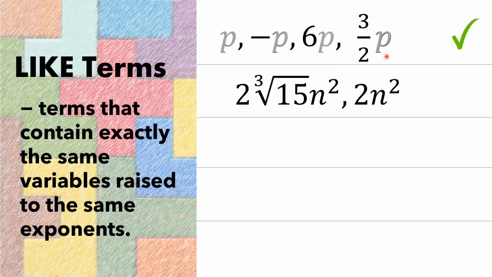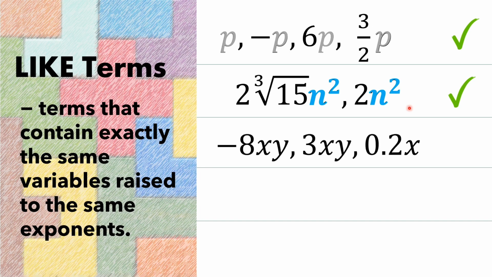Next example: 2 cube roots of 15 n squared, 2n squared. The common variable raised to the same exponent is n squared. Therefore, these are like terms.